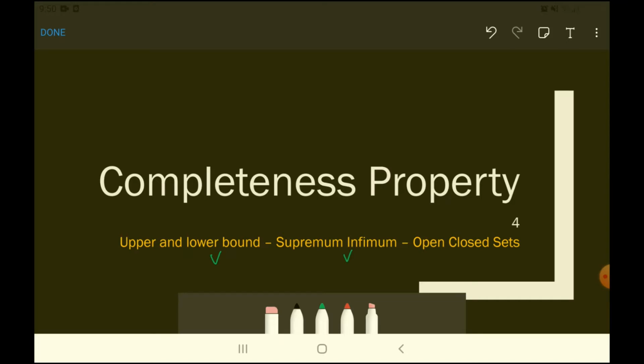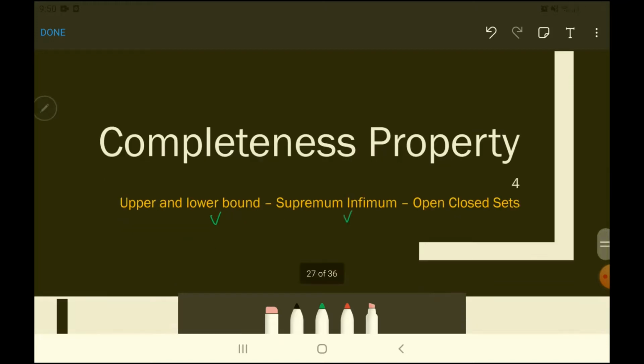That's simply what is meant by completeness in real numbers. But in real analysis, we are going to approach that in a more formal way, which is by learning about upper and lower bound and also supremum and infimum of real numbers. So let's start.